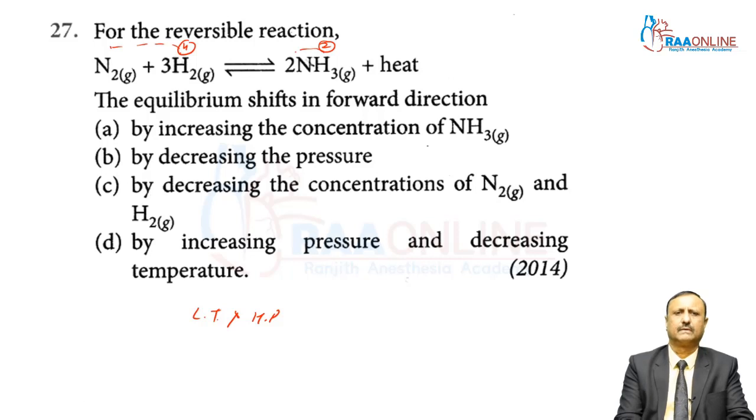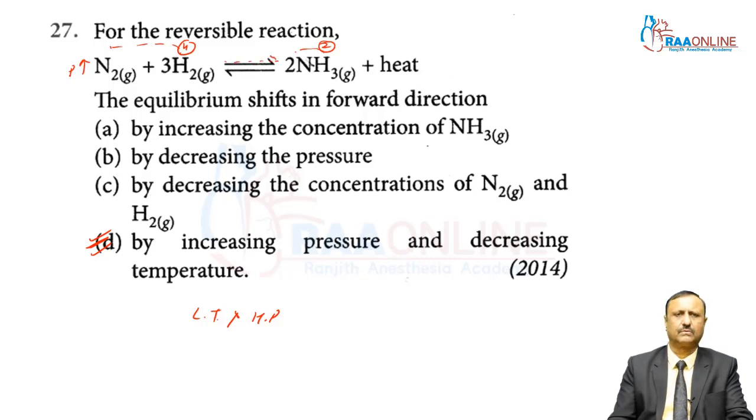So you can increase the pressure, then more product is formed. So high pressure and low temperature. So my dear students, you can go to answer D, increasing pressure and decreasing temperature. So equilibrium shifts in the forward direction.